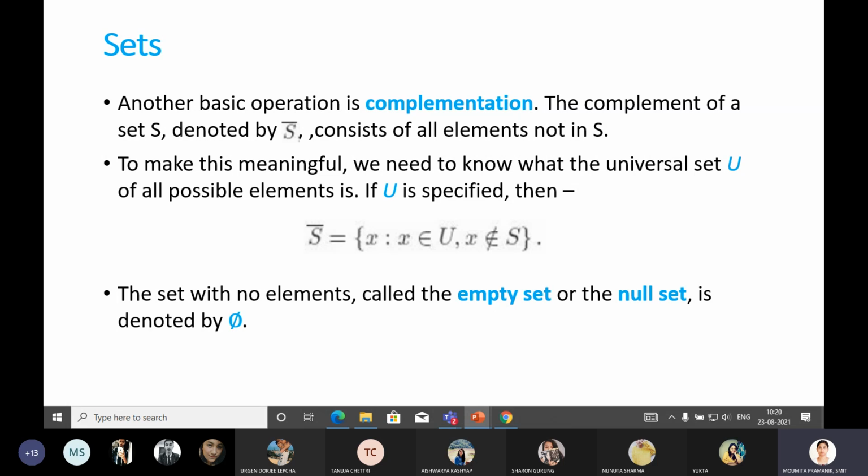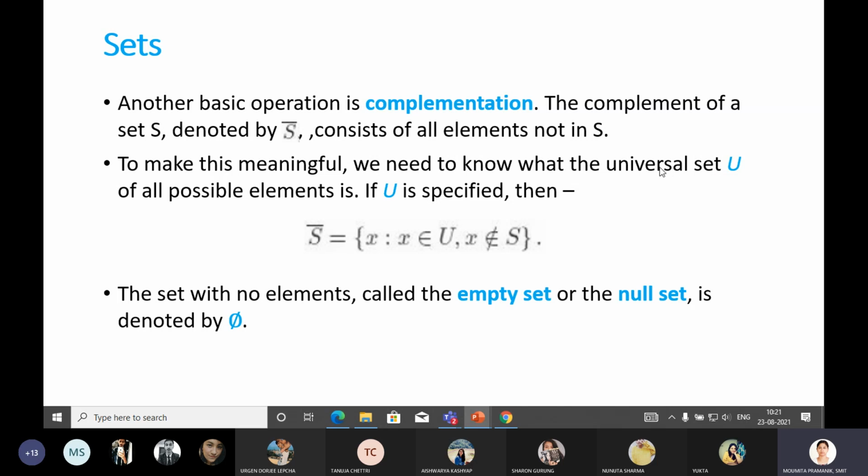Okay, so if some set has some values, S bar is representing or consisting of all the elements that are not in this set. So S bar has the elements that are not part of S. Get that? To understand this, there is another concept you must understand, the universal set.